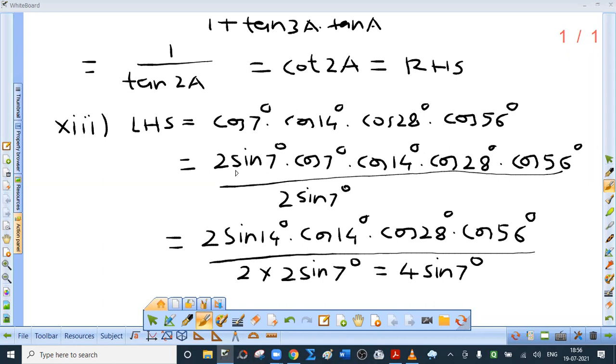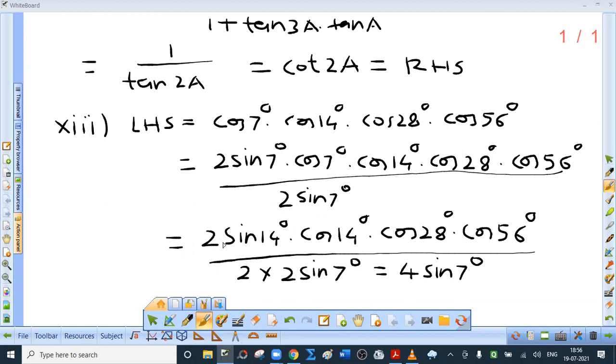Now, listen to me. What is 2 sin 7 degree cos 7 degree? 2 sin theta cos theta is sin 2 theta. I hope you won't say 27 degree. It is 2 into 7, that is sin 14 degree. Remaining terms as they are. Now in the same step, I have again multiplied by 2 because the formula demands the presence of 2.